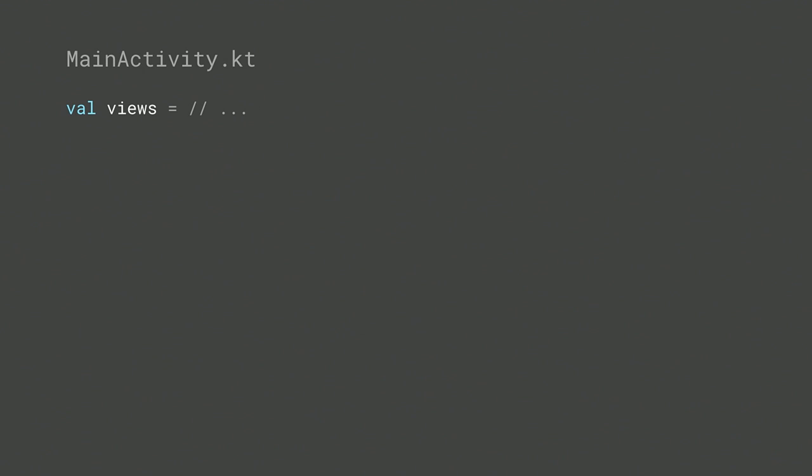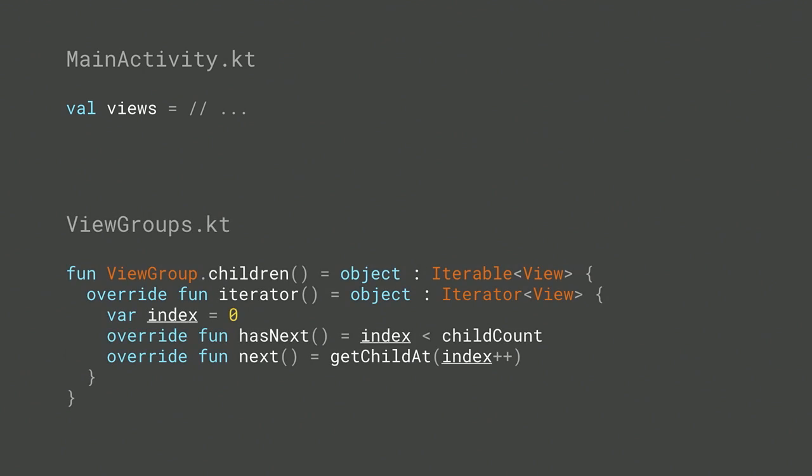OK, this one's a little more advanced, but the forEach function that we added only allows us to do that type of iteration. Whereas with a list, we have all these other higher order functions, filtering, mapping, that we can no longer use on ViewGroup because it doesn't extend that base type. What this code does, which you don't have to really look into and understand, is add the ability to create an iterator of children.